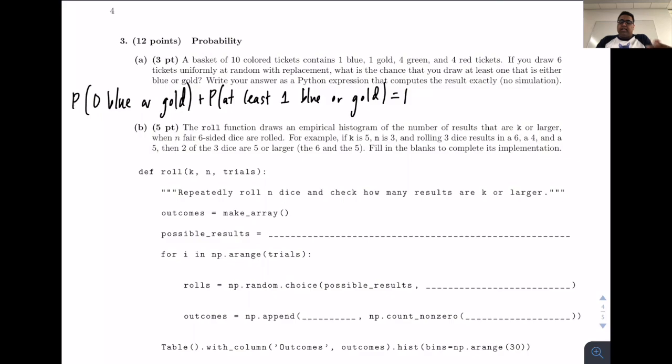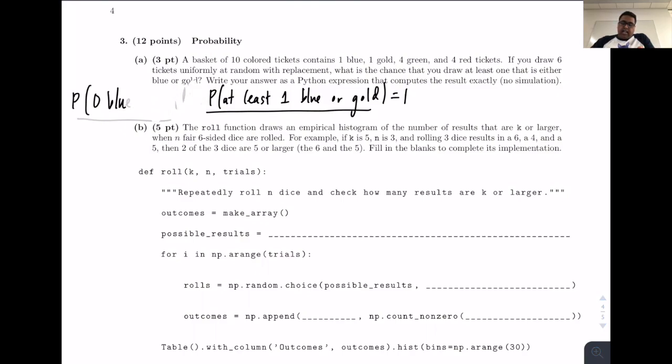The reason I bring this up is that it's much easier to calculate this value indirectly, by subtracting the probability of getting 0 blue or gold from 1, than to calculate it directly. If you calculated it directly, you'd have to consider the case of 1 blue and no gold, then 0 blues and 1 gold, and then the various numbers of reds and greens you could have. But here it's much easier. We take all the possibilities and subtract away the one case where there are no blues and no golds, and that gives you the probability that at least one of your 6 tickets is blue or gold.